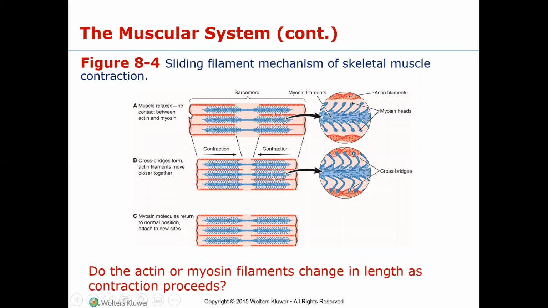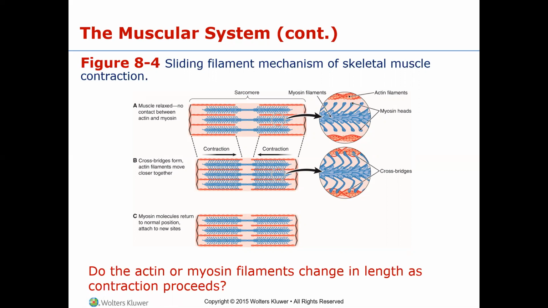So this is one motor unit that's known as a sarcomere. We have the actin, which is in red, and that's the thin filament. We have the myosin, which is in blue, and remember I said that they have like little teeth on it, and they grab a hold of the actin.